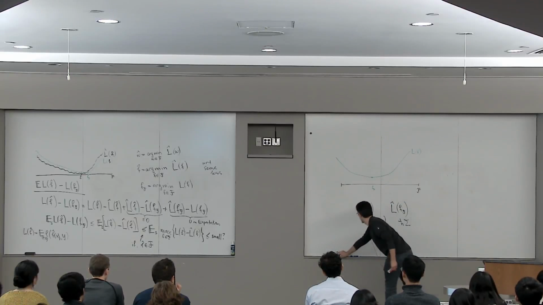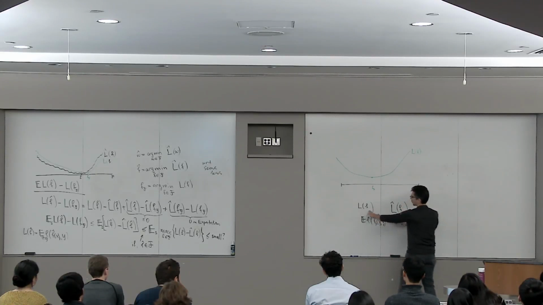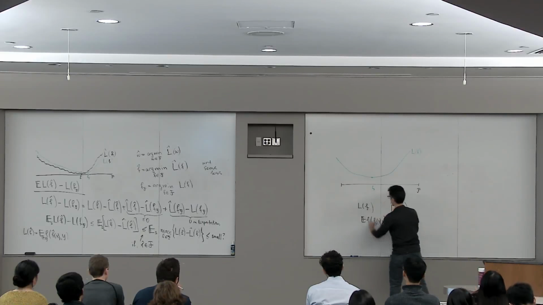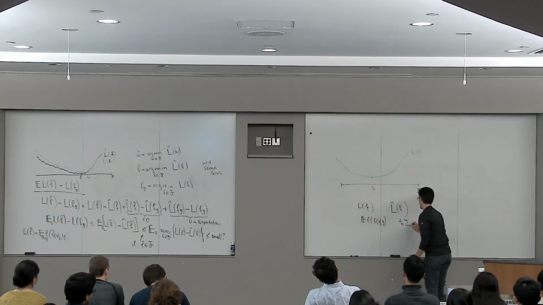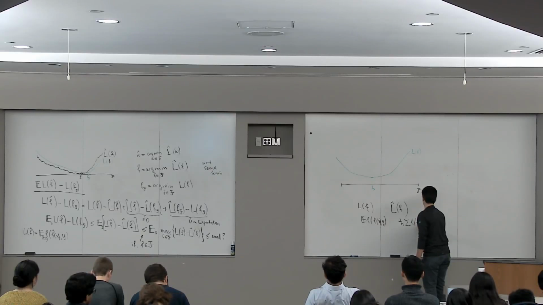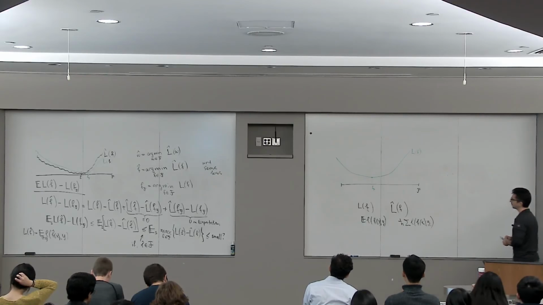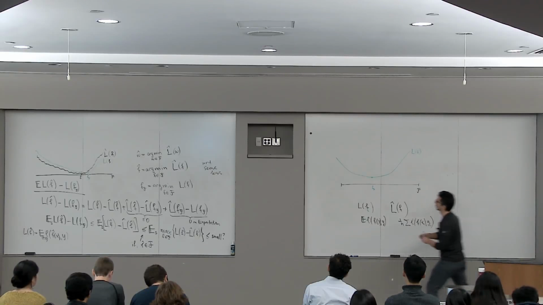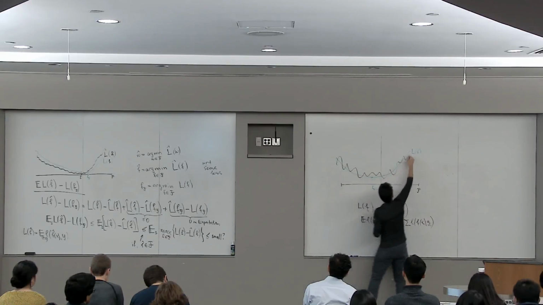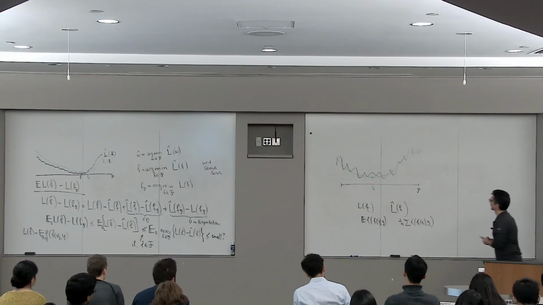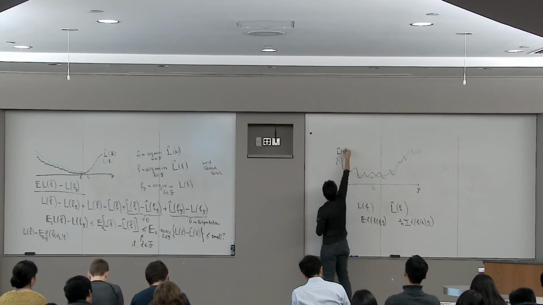Well, let me do it for an arbitrary fixed f. Okay, so these are the two curves. The black one is L hat of f.